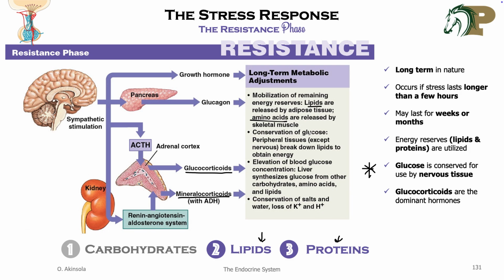Conservation of glucose by peripheral tissues except nervous, elevation of blood glucose concentration, and then conservation of salts and water, loss of potassium and hydrogen. This comes about because of the mineralocorticoid and glucocorticoid effect.